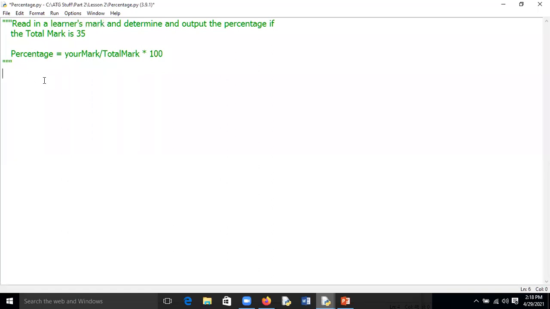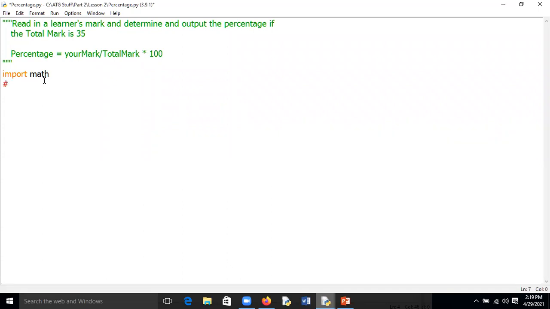So once again, just remember, we are going to be using some math functions. So we're going to say import math. Remember that from yesterday. And you'll see why just now. Now, just remember, your mark will be an integer.